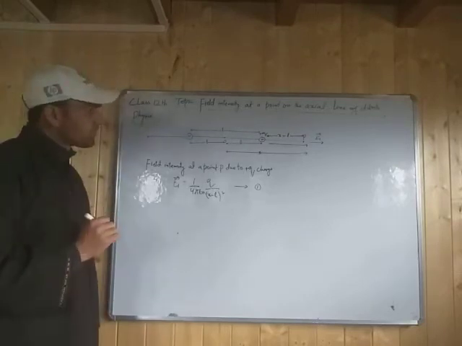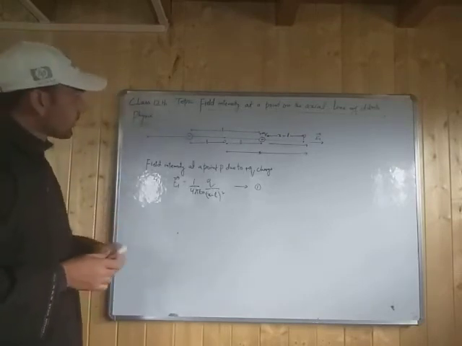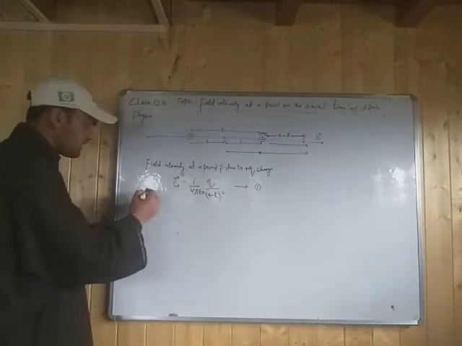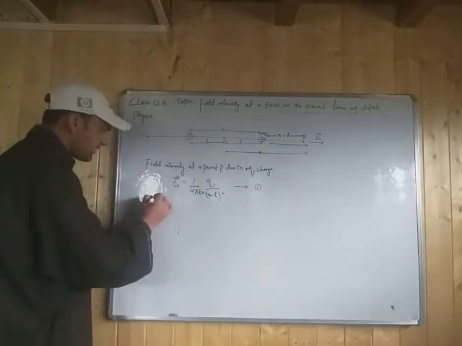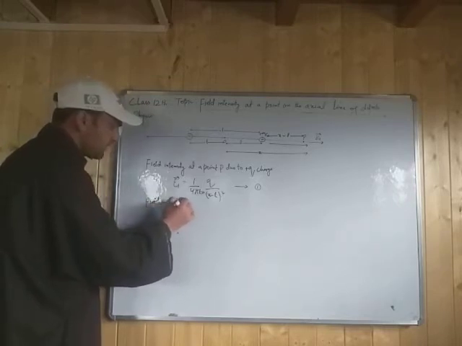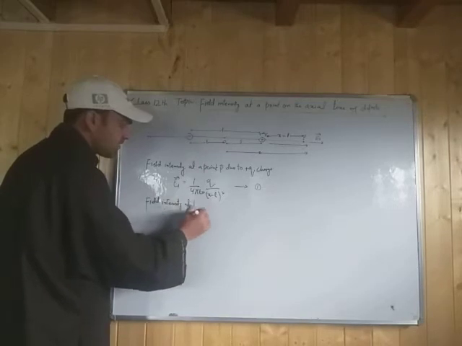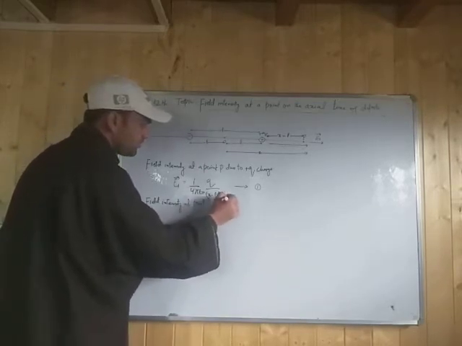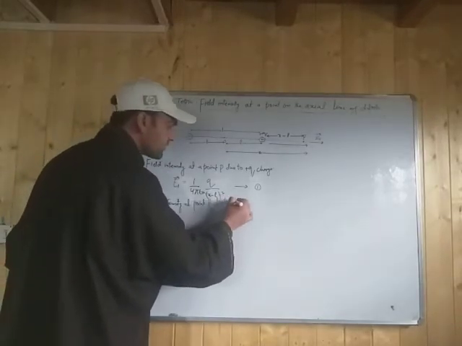Now similarly, we will find the field intensity at point P due to the negative charge, that is minus Q charge.